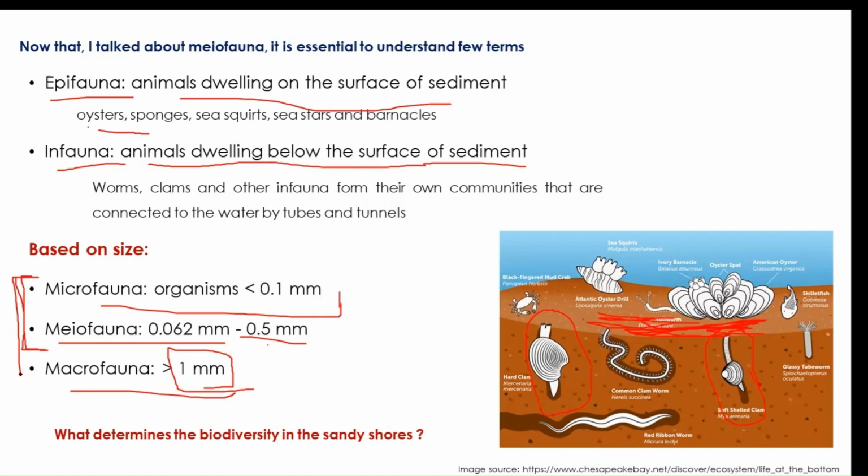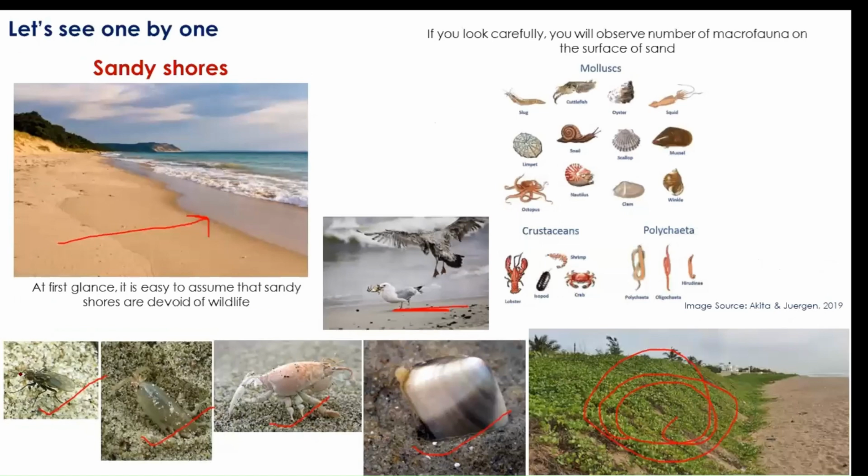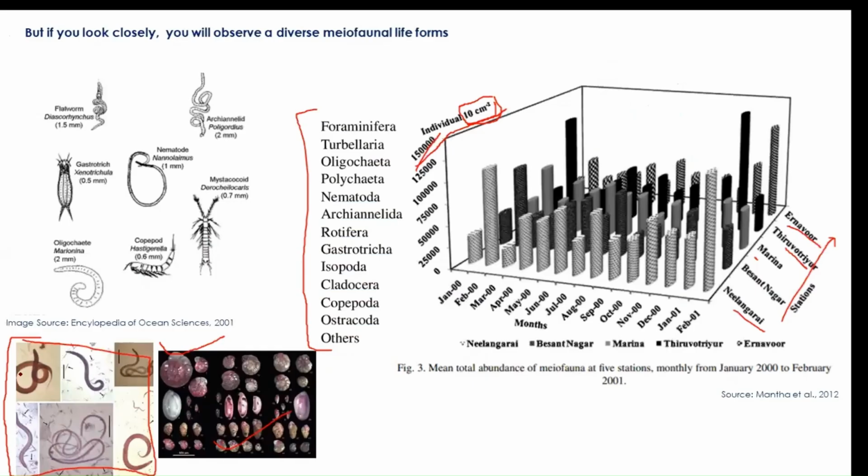Now, I said a lot about the animals on the sandy shores. For example, you can have the macrofauna, mostly mollusks, crustaceans, polychaetes, and not only that, even coastal birds, seabirds, and coastal vegetation, right? And then I said that there is meiofauna as well, that includes foraminiferans, polychaetes, nematodes, rotifers, and a number of other meiofaunal life forms.